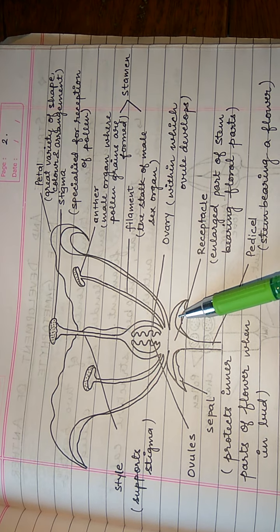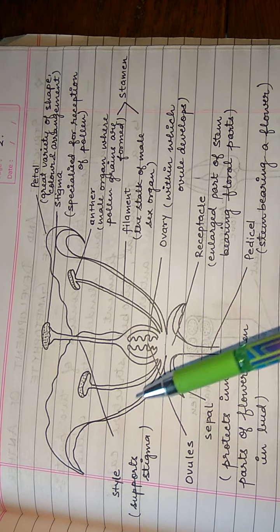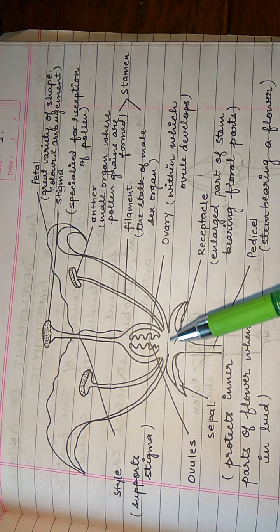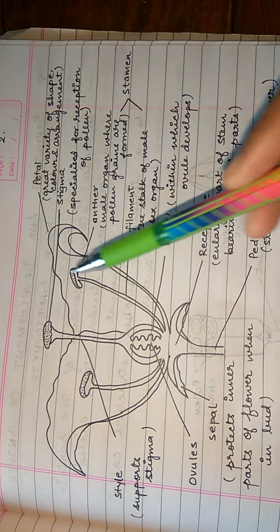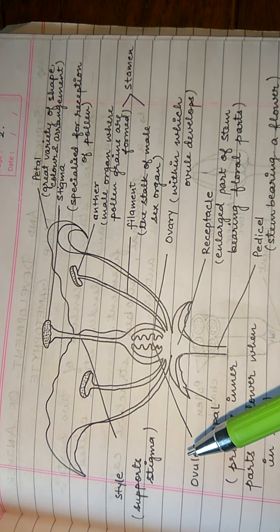Sepals protect the inner part of the flower when in bud. Petals have a great variety of shape, color and arrangement for the attraction of insects.